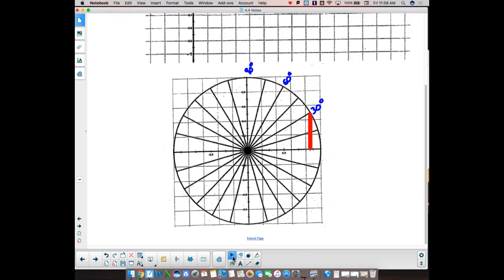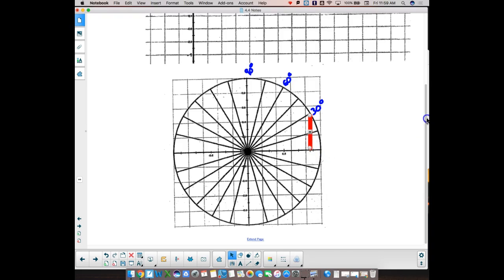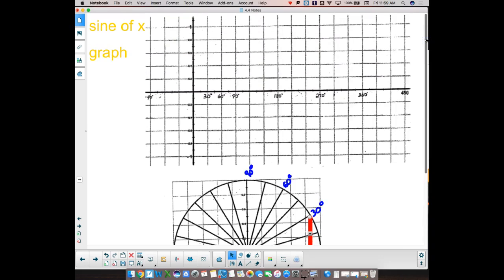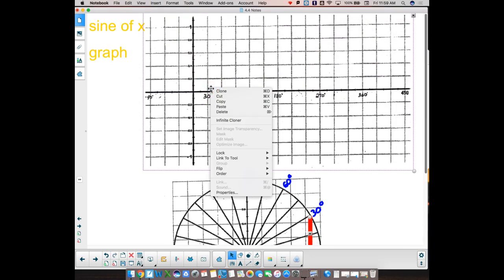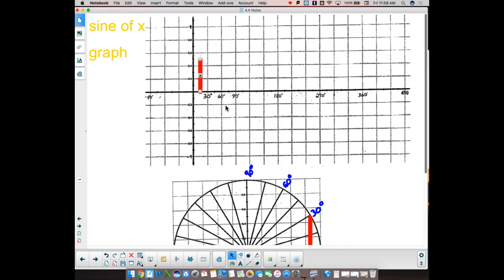Then I am going to go up here and put a dot, that distance. So mark your spaghetti. That's your 30.